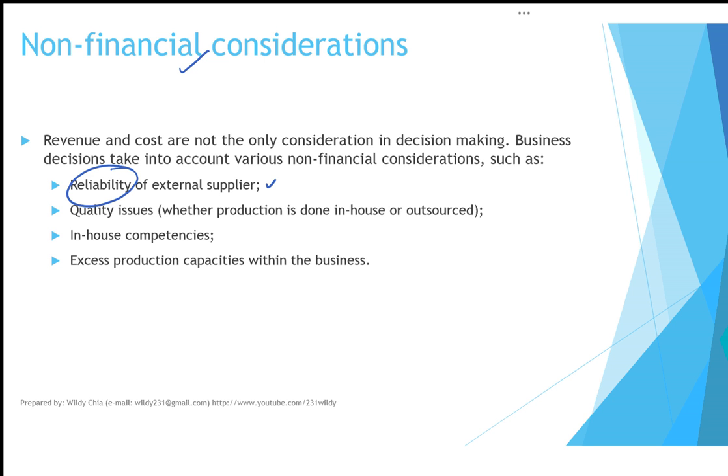Can the supplier be trusted to deliver the goods and services on time and as and when required? Now, that is quite hard to tell, right, until you have started working with this external supplier. Quality issues. Now, quality issues can be very hard to manage if you have chosen outsourcing. But if it's in-house, it's easier to manage quality issues.